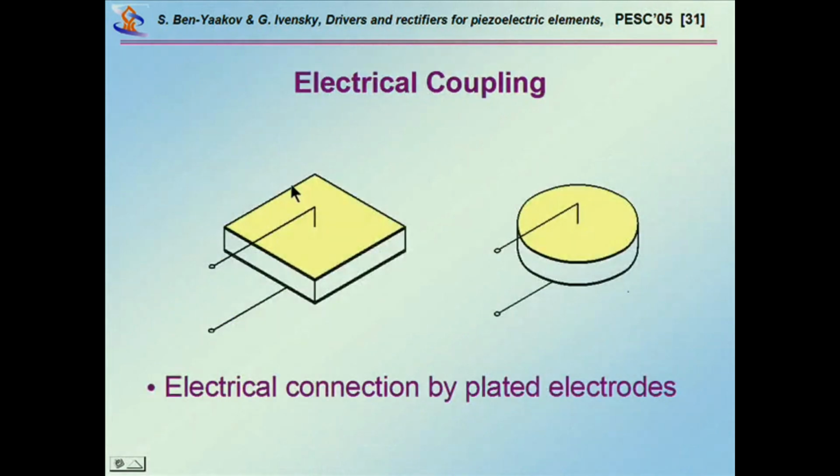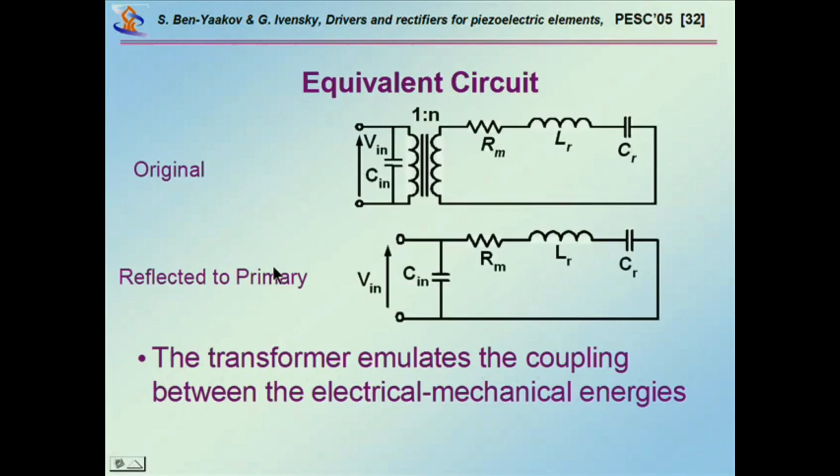Now, in real application, we do have to connect the element to the electrical part, so we have electrodes and wires attached to them, and therefore we do have a dielectric capacitance. So this is why, in the equivalent model, we have a dielectric capacitance. We'll have a transformer which is connecting the electrical part to the mechanical part, and this is actually changing the domain from electrical to mechanical.